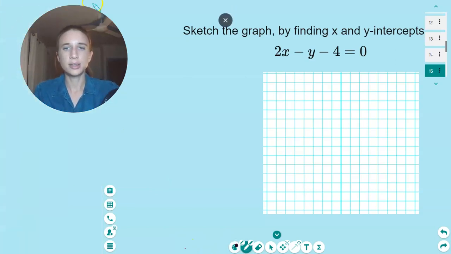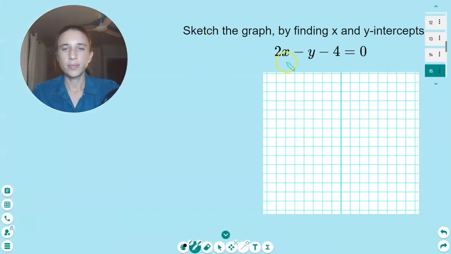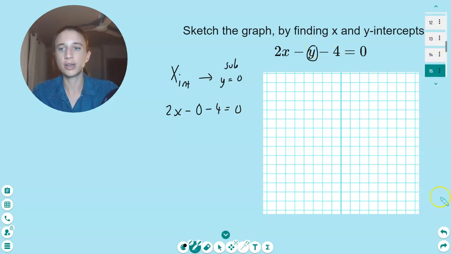Let's check out this. Okay, so by finding the x and y intercepts, okay, x-intercept sub y equals 0. So 2x take 0, take 4 equals 0. I'm substituting for that. And then I can simplify that a bit more. 2x take 4, because we don't really worry about the 0 there.